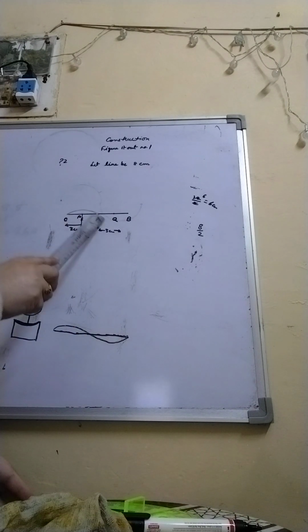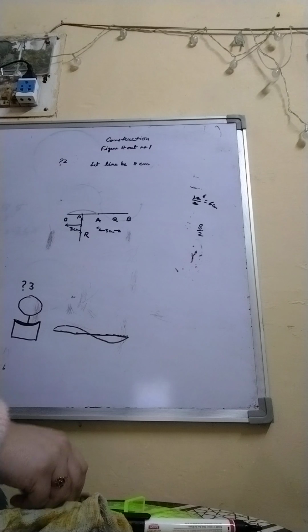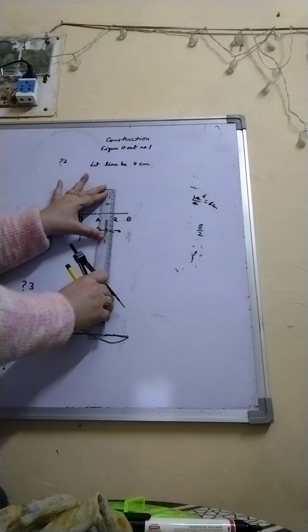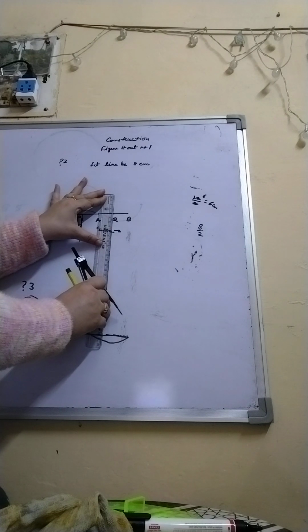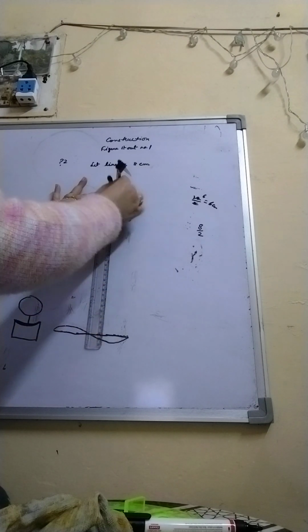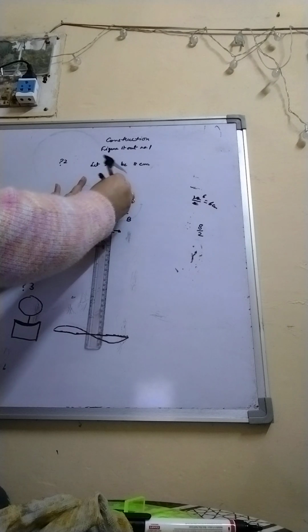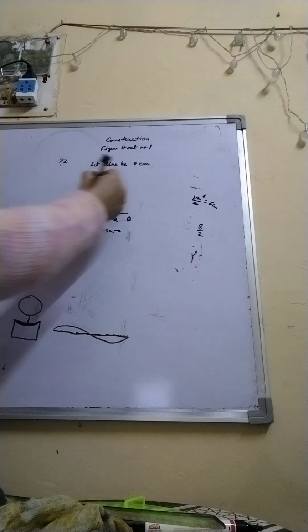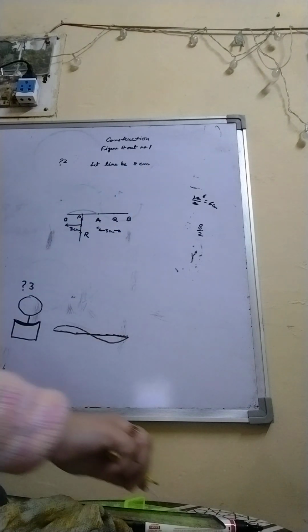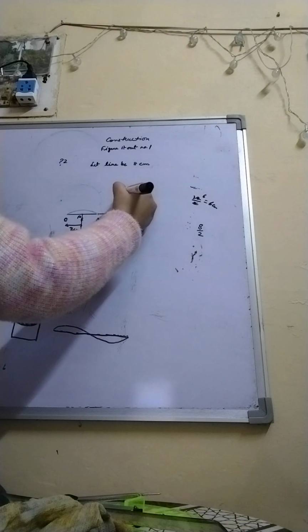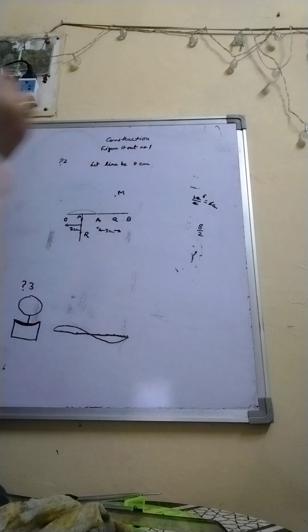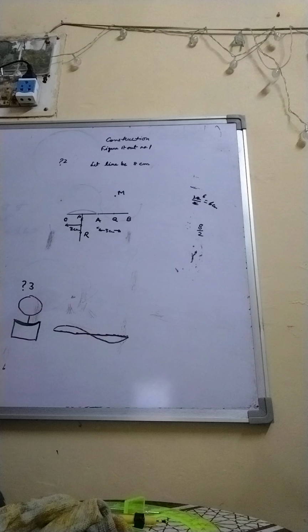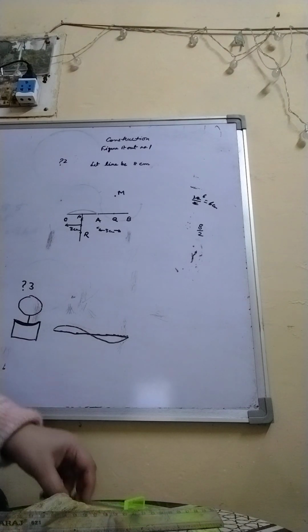Now for drawing below the line, how would we draw the curve? We will take the point 4 centimeter away here, and let's take this point as M. Now open the compass again.